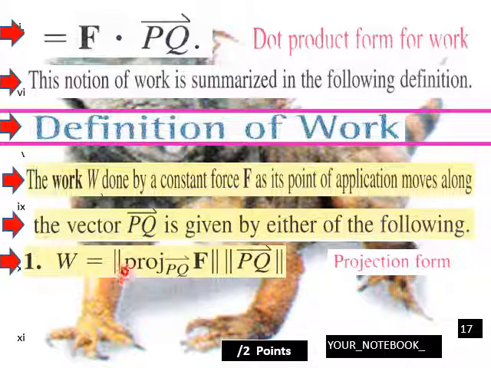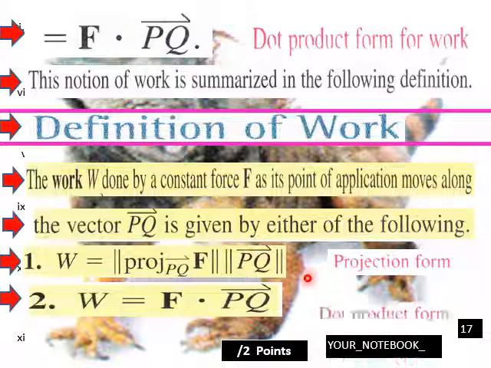One, the projection of F on PQ multiplied by the magnitude of PQ, the projection form. And then we have our dot product form: W equals F times the line of motion PQ. So we have a dot product form of the definition of work, and the projection form of the definition of work.